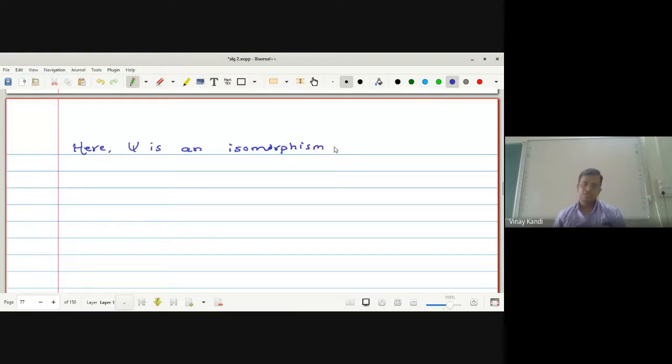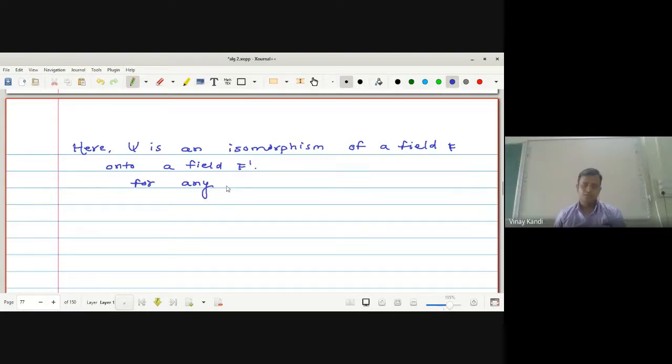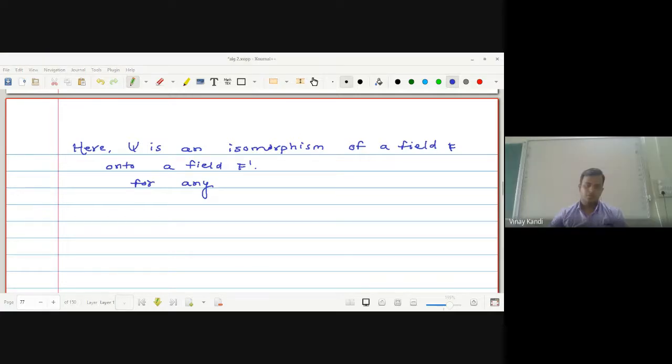Psi is an isomorphism of a field F onto a field F dash. Any doubt? If you have any doubts you can ask.